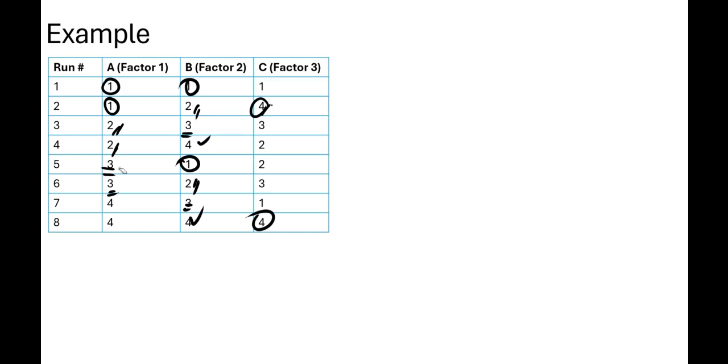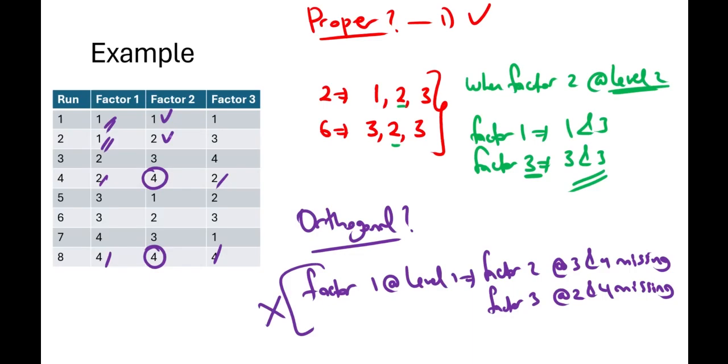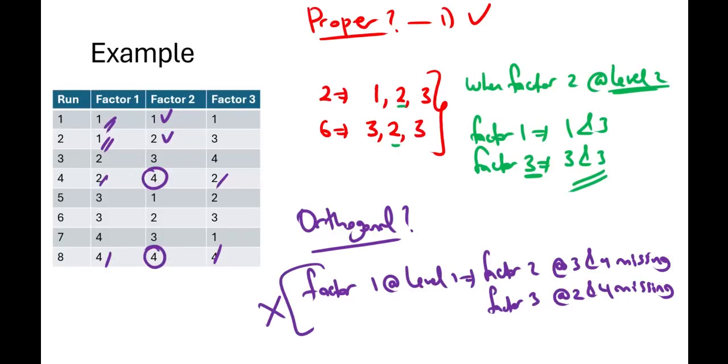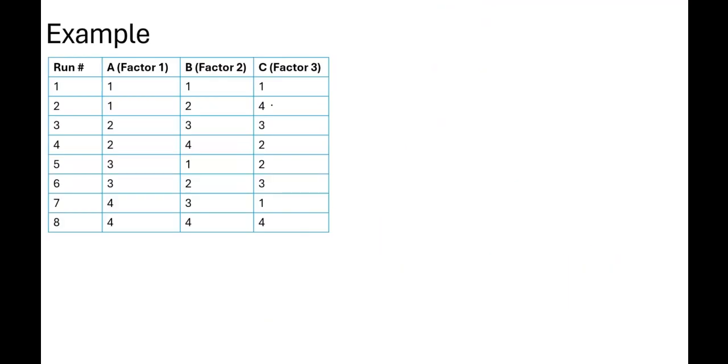As you can see, it is okay. We have passed the first part of the test. Now let's come back to the second one. For this one, you have to check whether you have a combination of repeating levels.